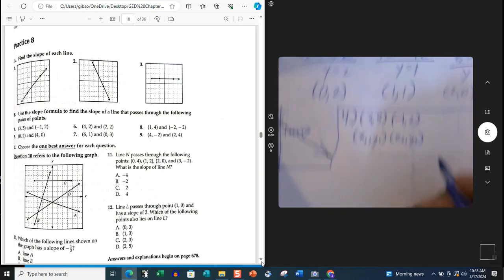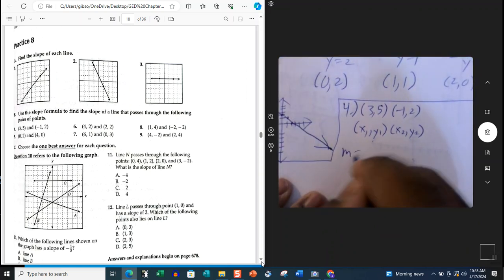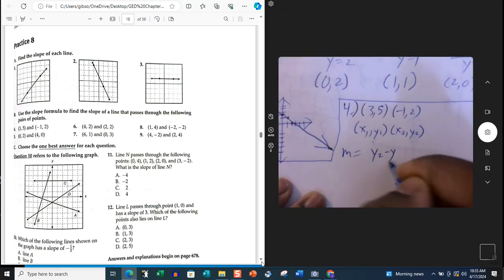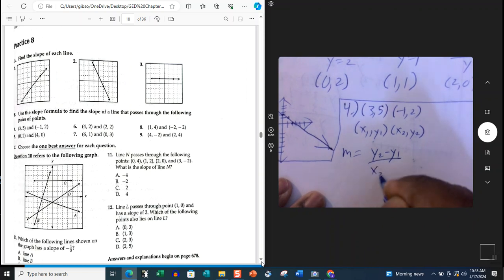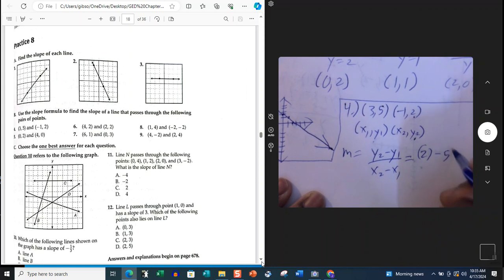Now we're going to use the slope formula, y sub 2 minus y sub 1 over x sub 2 minus x sub 1. Now we just go through and substitute it. Y sub 2 is 2. Y sub 1 is 5. All over x sub 2 is negative 1. And x sub 1 is 3.